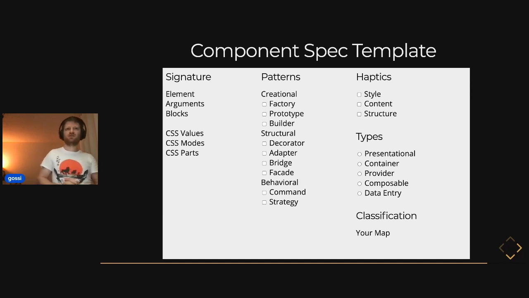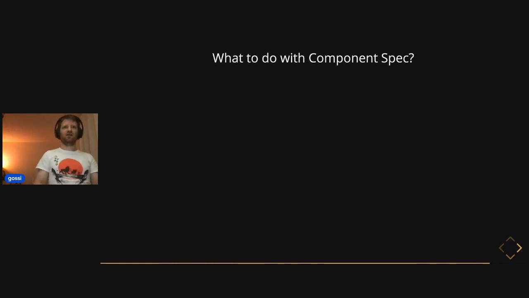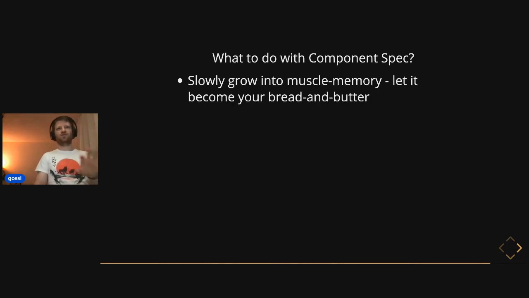For the CSS parts, we need to find a solution, and the classification is according to your own map. But where do you want to start with that? I think, first of all, let it slowly grow into your muscle memory. Let it become your bread and butter.